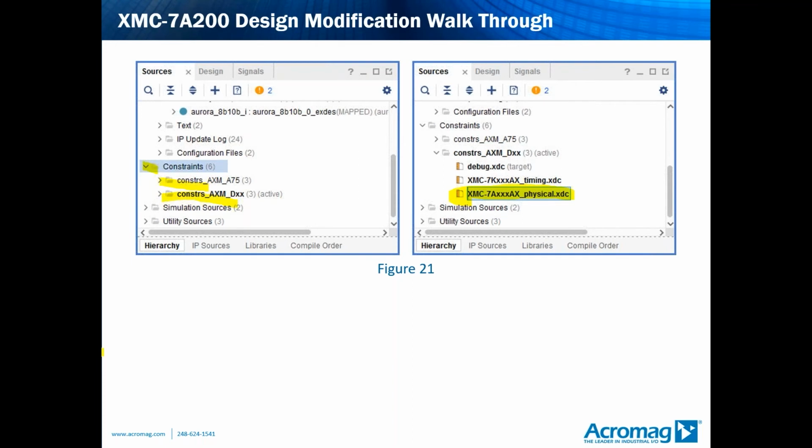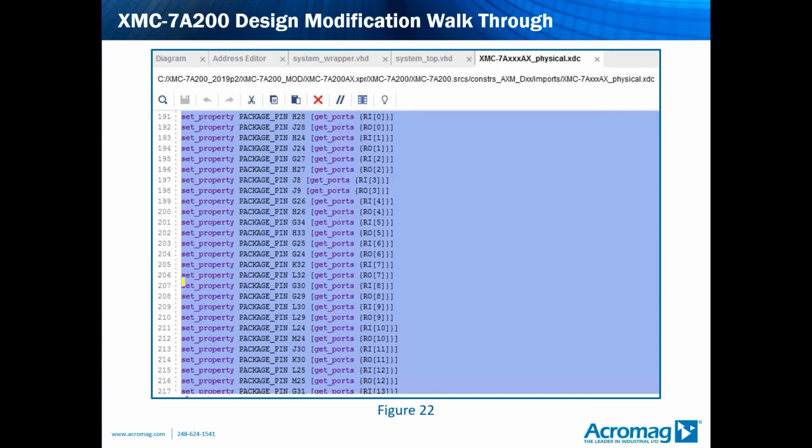Next, we're going to change the single-ended signal names to differential signal names. So this is just a screenshot of part of what I'm doing here. We're going to rename the signals that are labeled RO, this, to RIO_P.